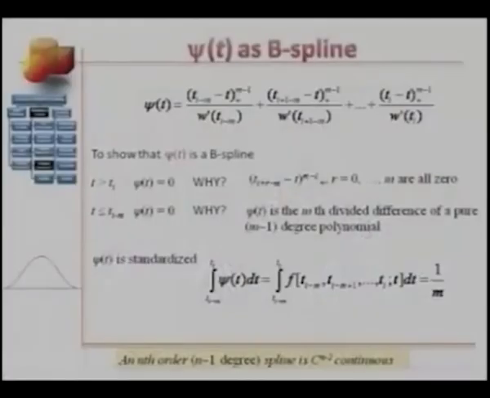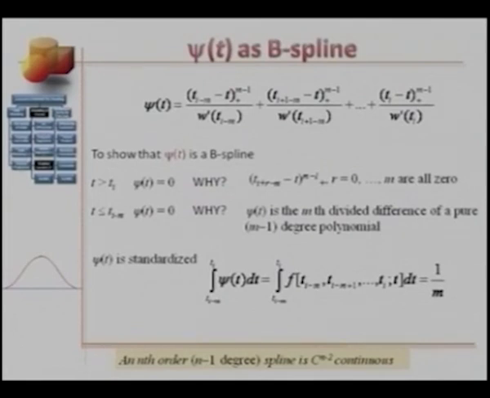That is, the area under psi of t from ti minus m to ti, which is the integration of psi of t dt from ti minus m to ti, which is equal to the integration from ti minus m to ti of the mth divided difference of the truncated power function of degree m minus 1, is equal to 1 over m. It would be a little difficult for you to grasp this at this time, but we'll show you this very soon.